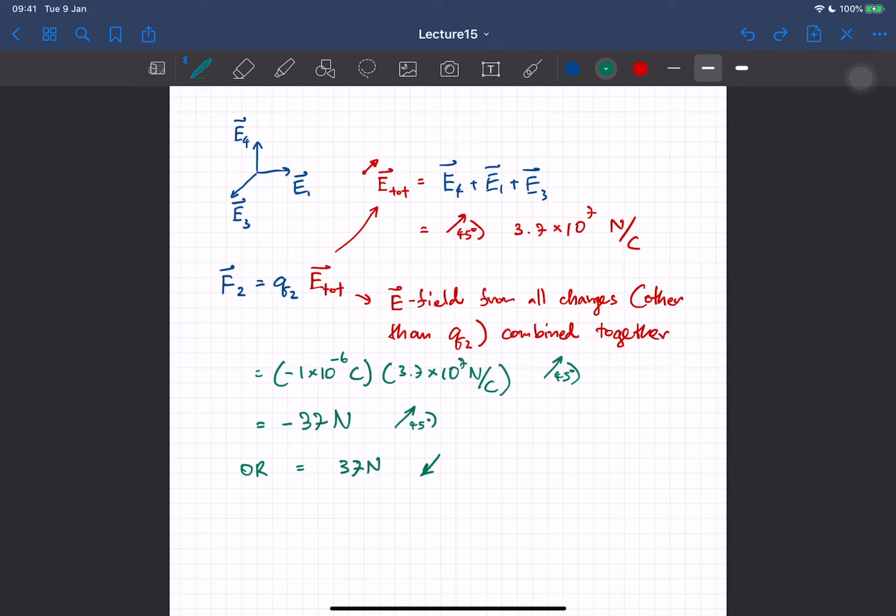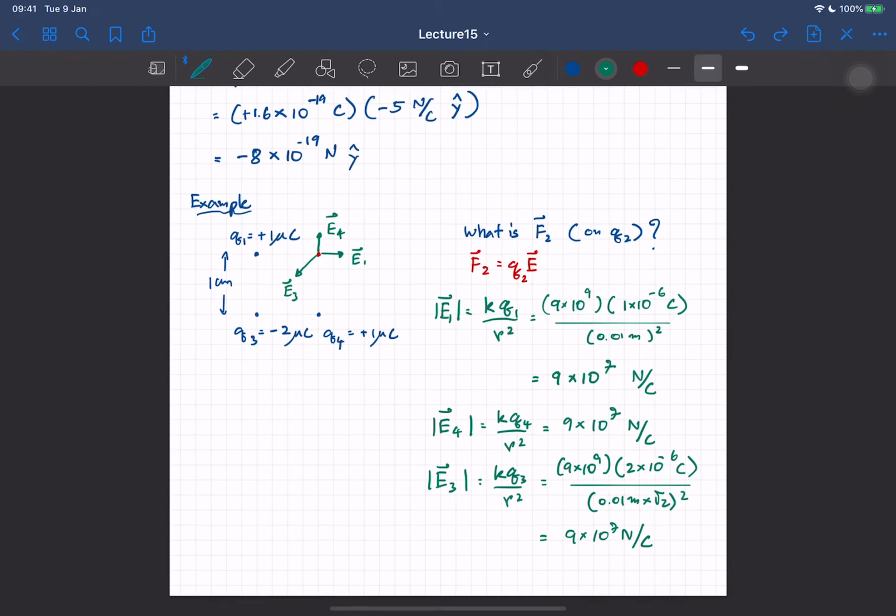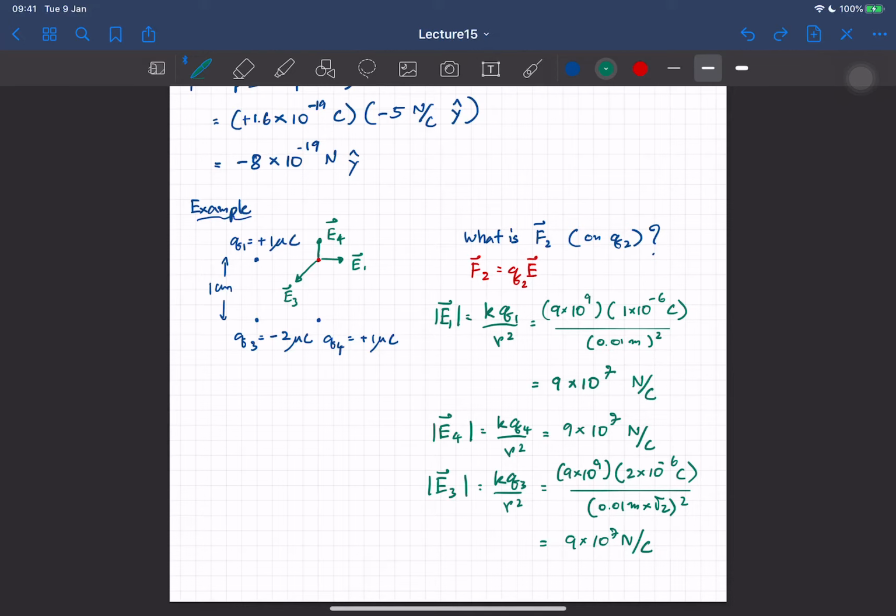What is E3? E3 is also 9 times 10 to the 7 Newton per Coulomb, but the direction is southwest. All of them have the same magnitude because E3 is from Q3, but Q3 is a little bit further away, so it's a little bit weaker, but Q3 is also double the amount of charge.